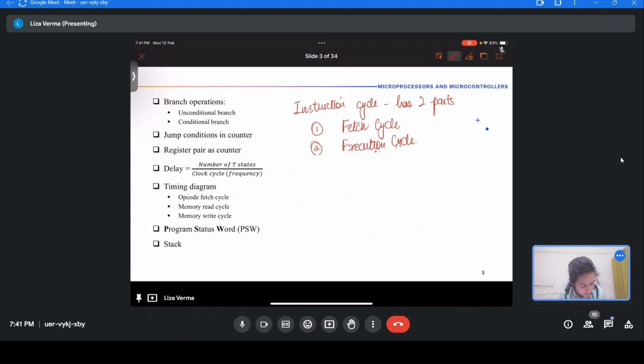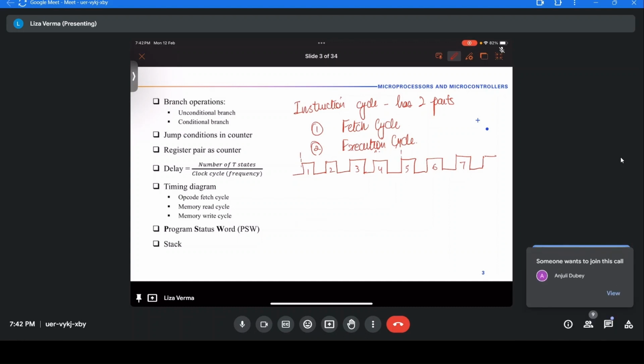Let's take an example. This is first, second, third, fourth, right? So the first T state starts from here. What will happen in the first T state? We know these four are for the upward phase.